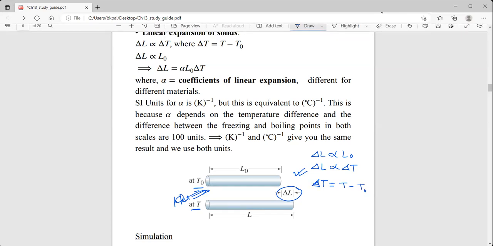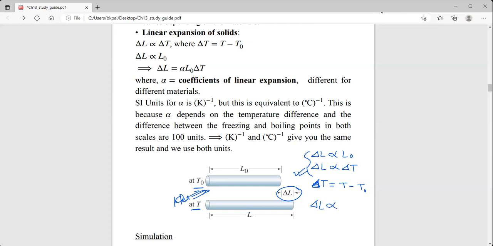Remember that delta always means final minus initial. So this change delta L also depends on the temperature difference. The higher the temperature difference, the higher the expansion. If I combine these two, I can write delta L is proportional to L0 delta T.